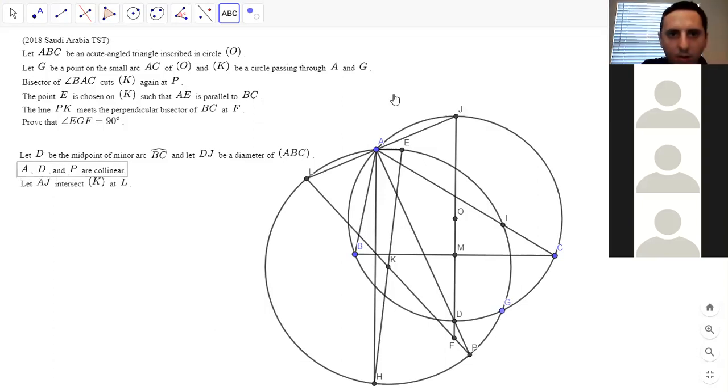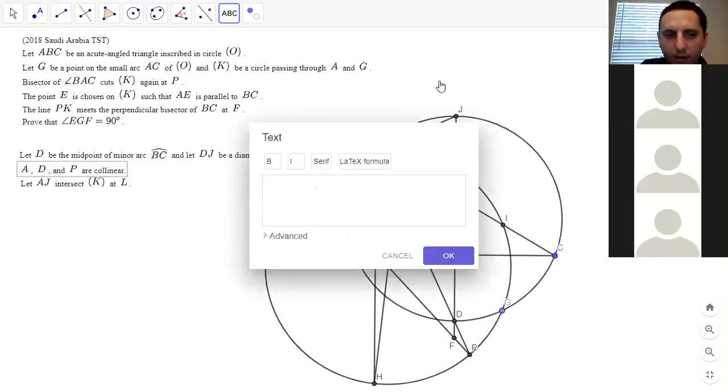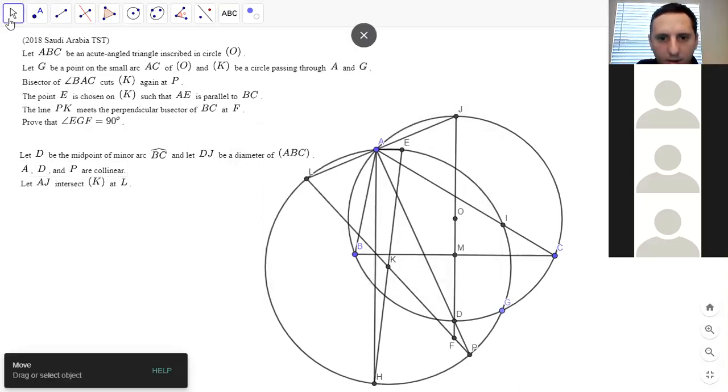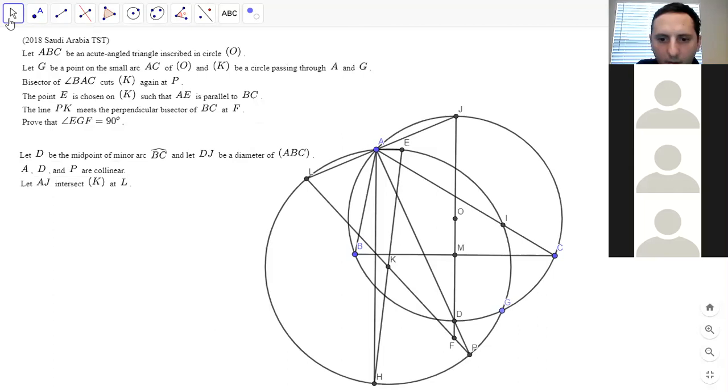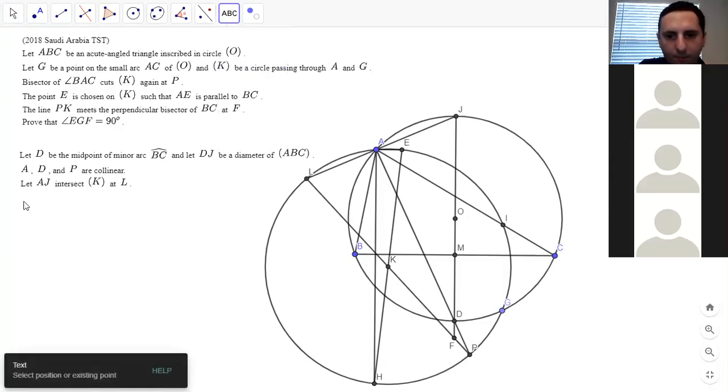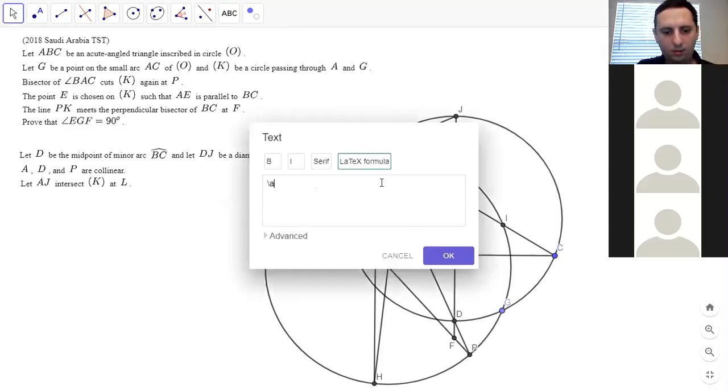All right, so Hoy just joined us again. So A, D, and P are collinear, and PL is the diameter. So PL passes through K. All right.